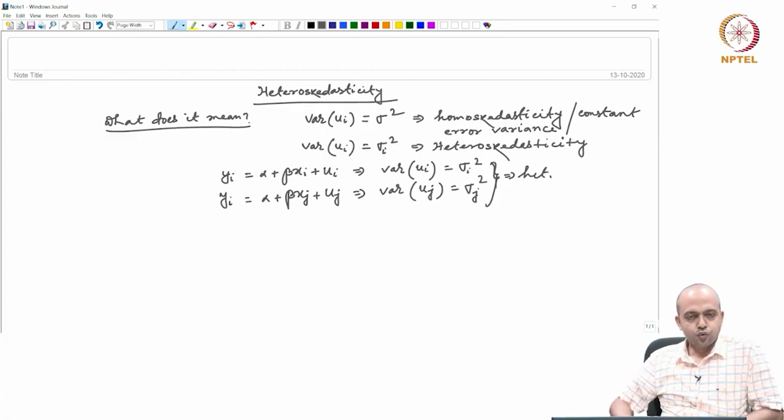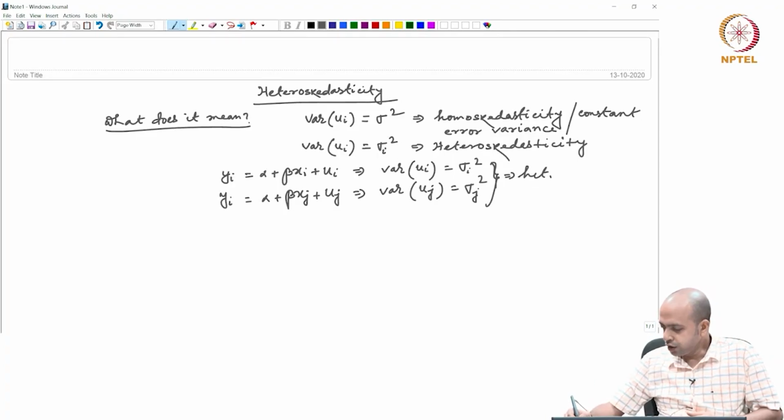Now, the question is, why does heteroscedasticity arise? Why does heteroscedasticity arise in the context of data that you are going to estimate using your econometric model, right. So, we will need to understand the reasons behind heteroscedasticity.